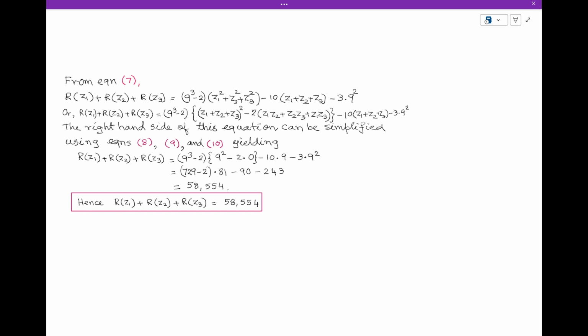Therefore, R(g1) plus R(g2) plus R(g3) is equal to 58,554.